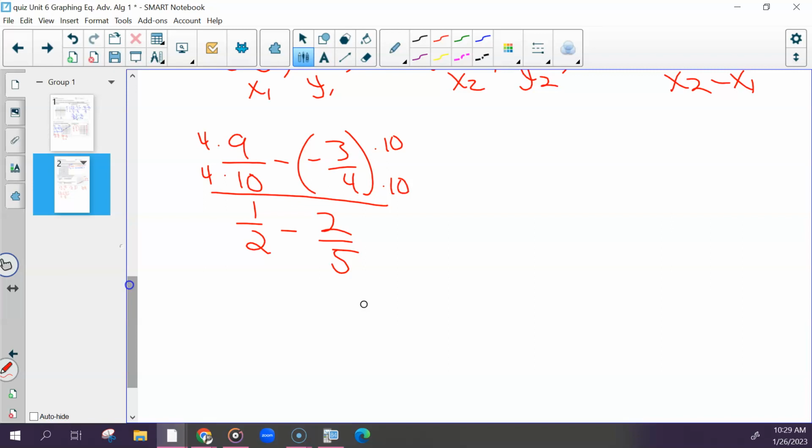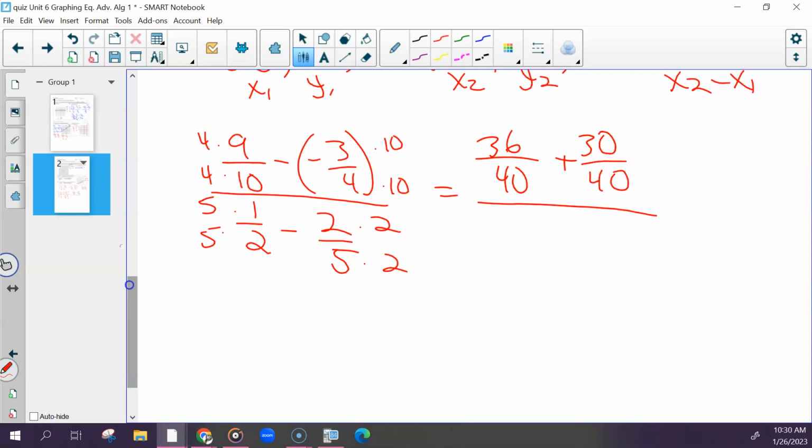And then a common denominator for 2 and 5. 10, so multiply by 5, multiply by 5, and 2. Okay. Since this is negative, negative, you can either leave it like that or make it plus. So this would be 36 over 40 plus or minus 30 over 40 all over 5 minus 4 over 10.